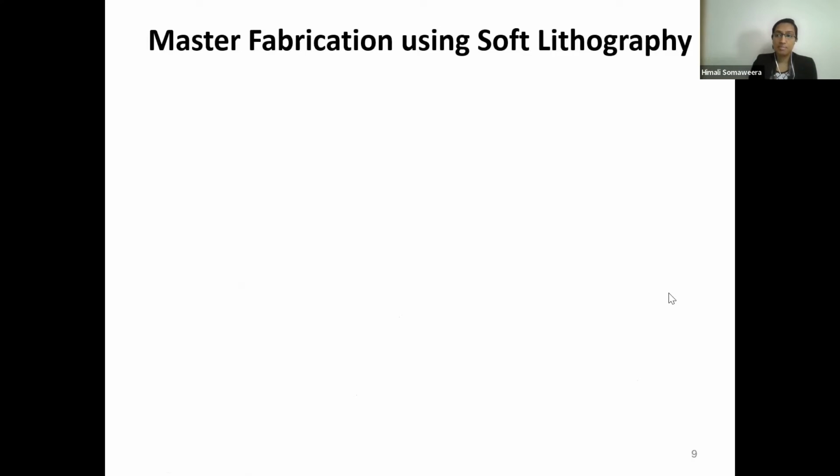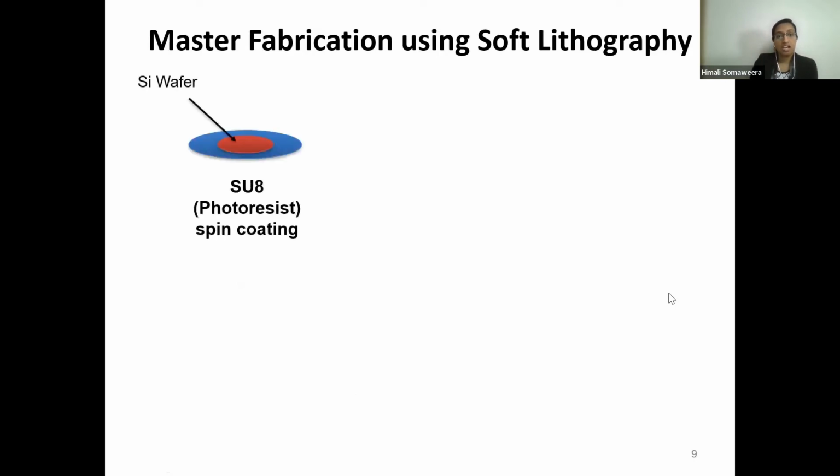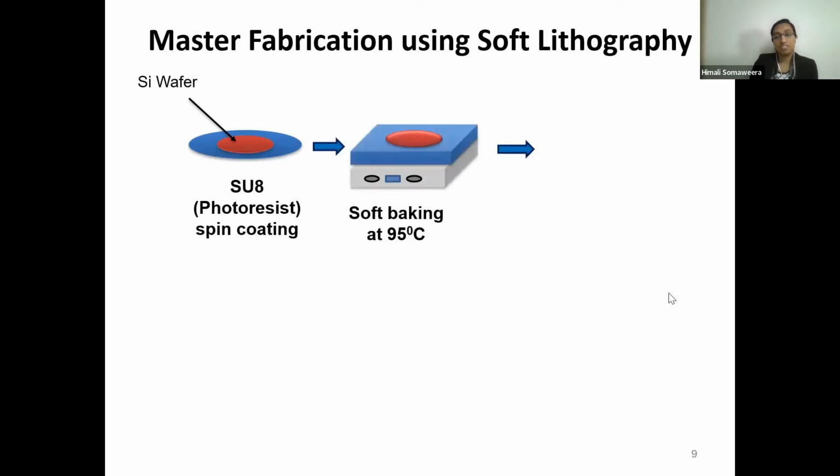If I talk about the fabrication, basically I use the soft lithography technique, which is what my group uses for most of the device fabrication. You use the negative photoresist, SU8, and do the spin coating, some soft baking, and then expose the mask.